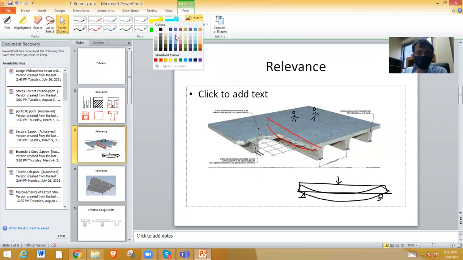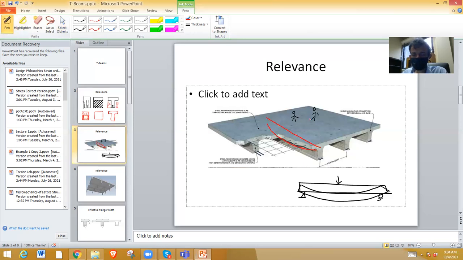So if you look at this floor, there is a load on the floor. Now if you consider a spacing between these beams that you see here, then each of these acts as a T-beam.